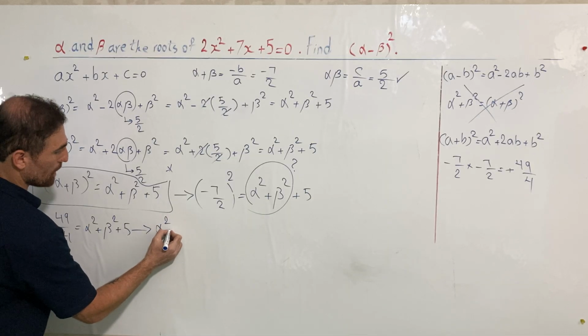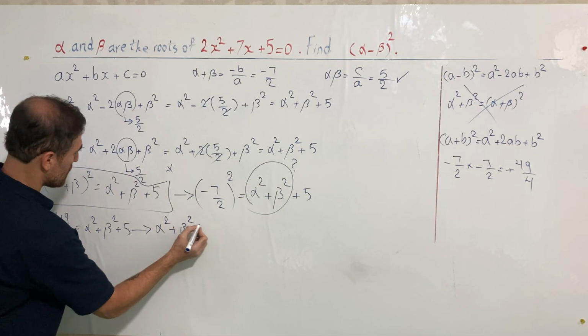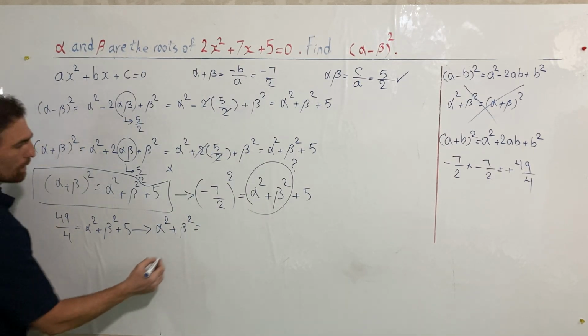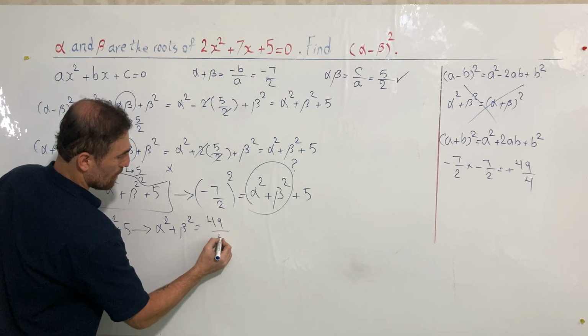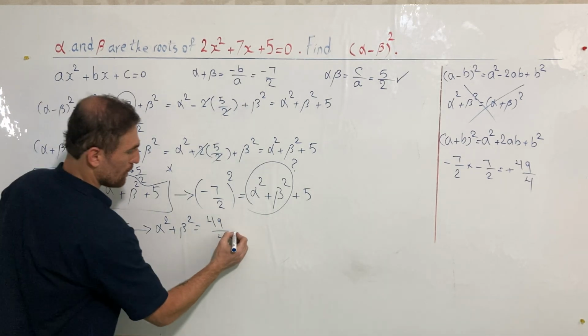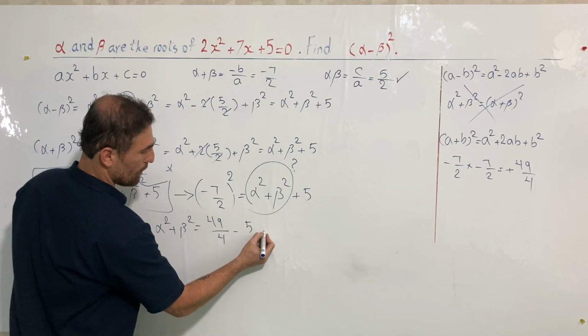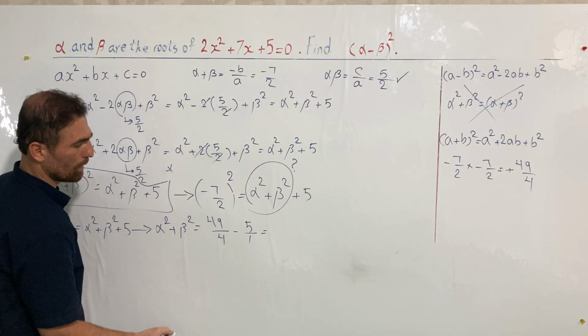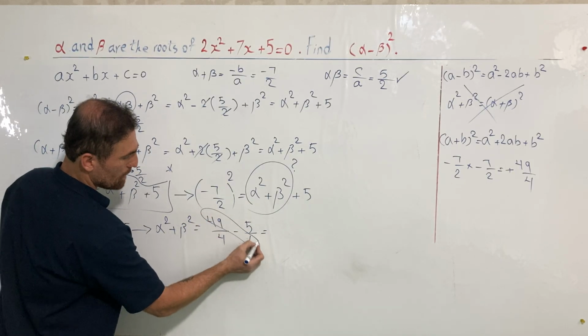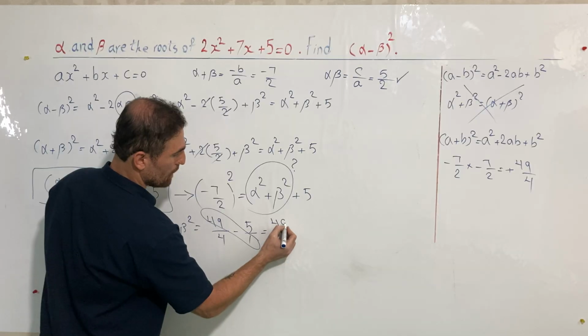The value of alpha squared plus beta squared is going to be 49 over 4 minus 5. How can we solve this? As you know, 5 is the same as 5 over 1. So this 1 times 49 is going to be 49.